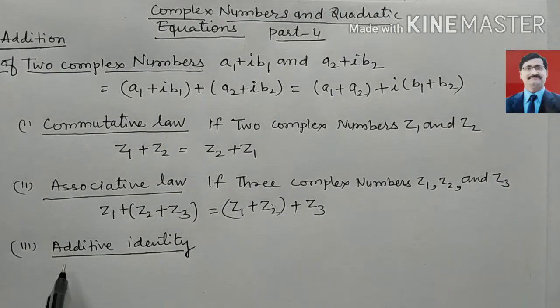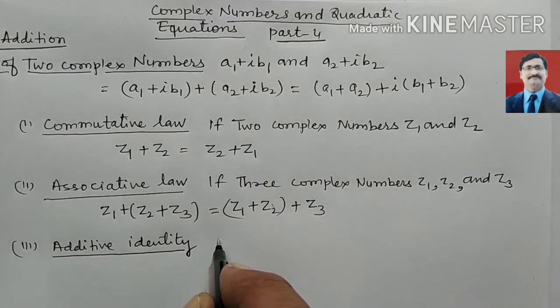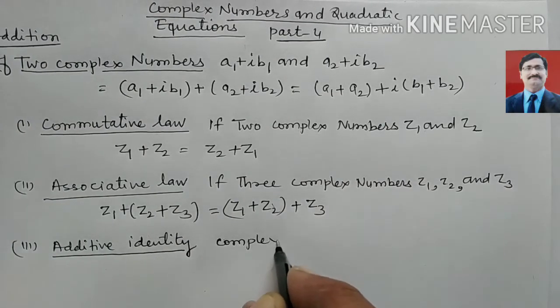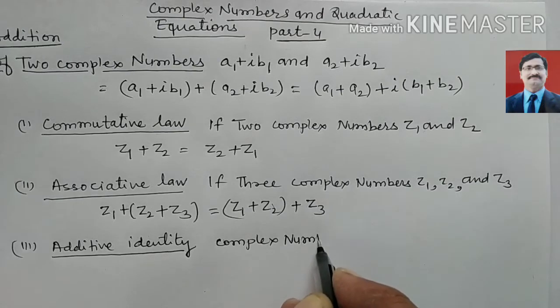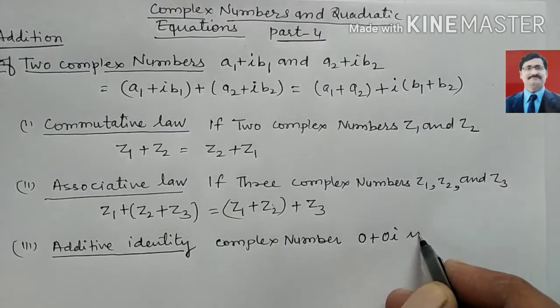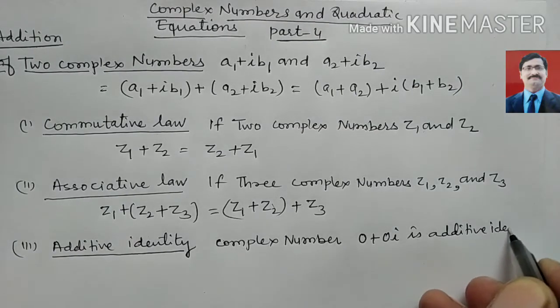Look here, all of you, one word we have is additive identity. We have one complex number, that is 0 plus 0 iota, which is the additive identity.